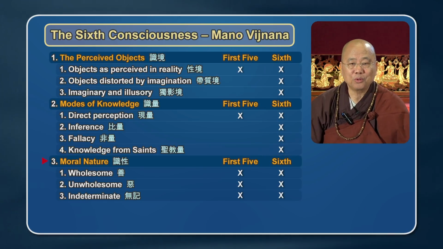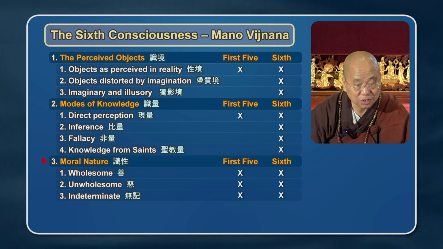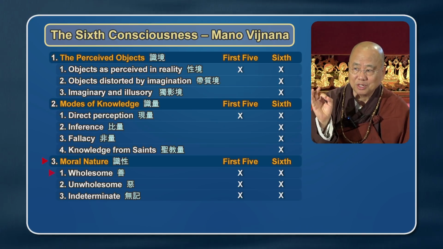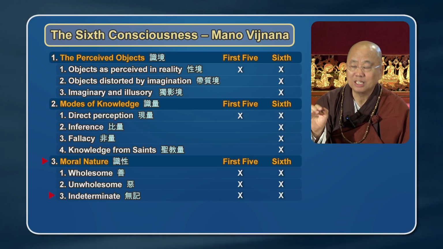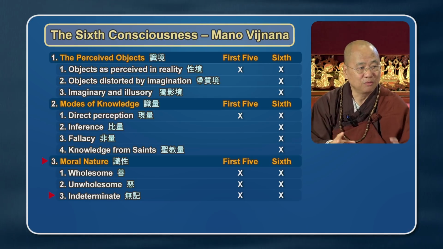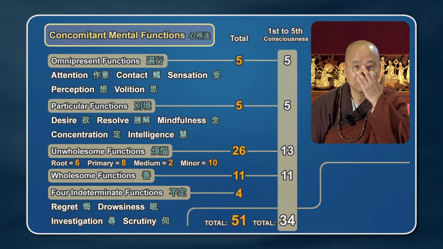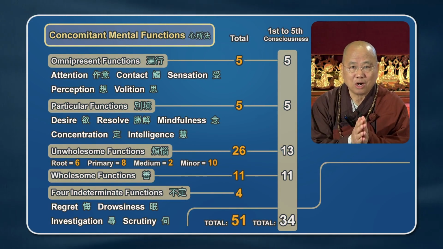As far as the moral nature of the 6th consciousness, it has 3 natures in it: wholesome, unwholesome, and indeterminate, which is neutral. We have already touched on these. Now let's get to the concomitant mental functions. What are concomitant mental functions?